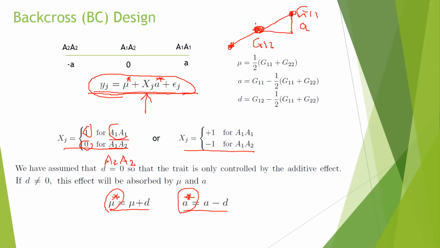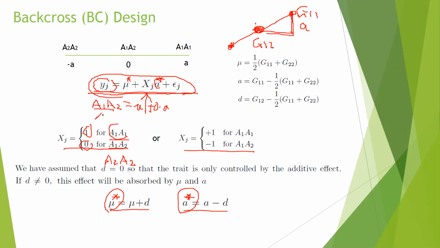So if this is true, what is the model here? For example, if we are talking about an individual with the genotype A1 and A2, the value is just equal to mu. How can we deal with this additive? We put a 0: 0 times A, plus mu, gives the genotype value for this.